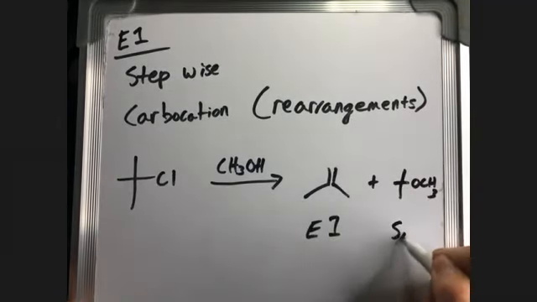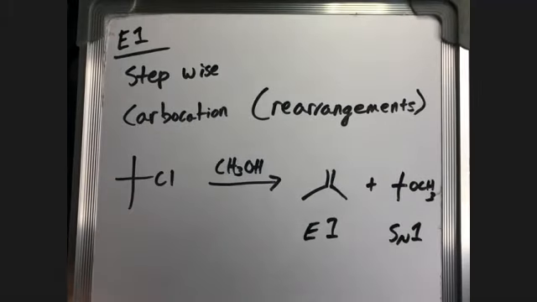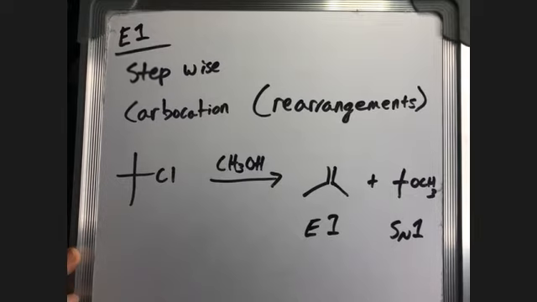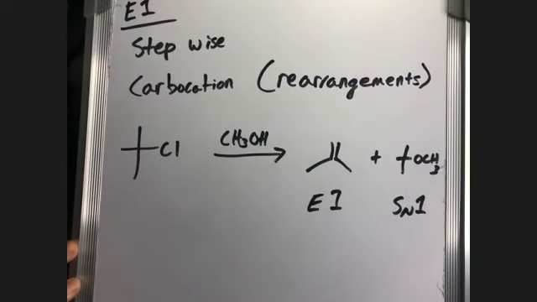A key point to make here is that Sn1 and E1 almost always occur together unless you have very specific conditions that make one of them predominate. But usually it's going to be a significant mixture, which is why the E1 and Sn1 pathways are usually unwanted byproducts, not necessarily the main focus for the particular reaction.